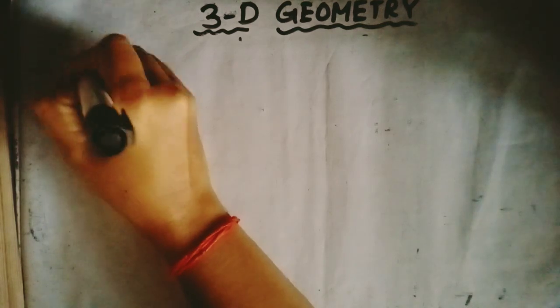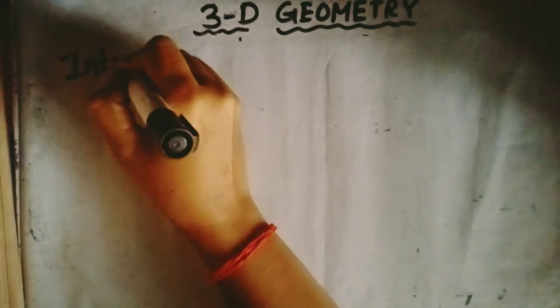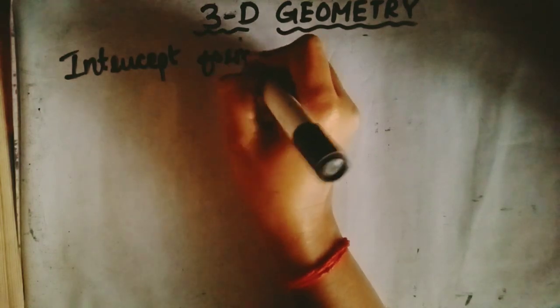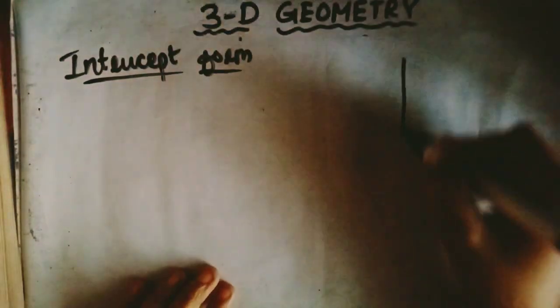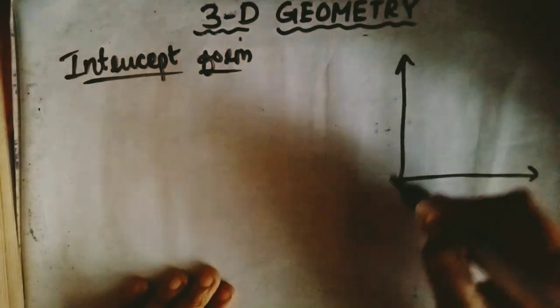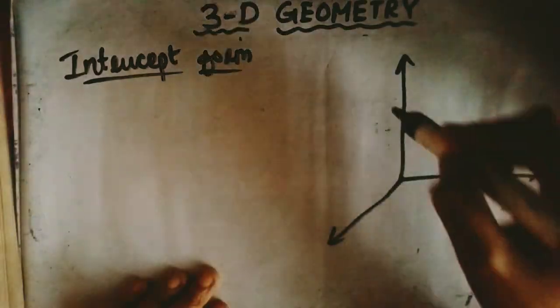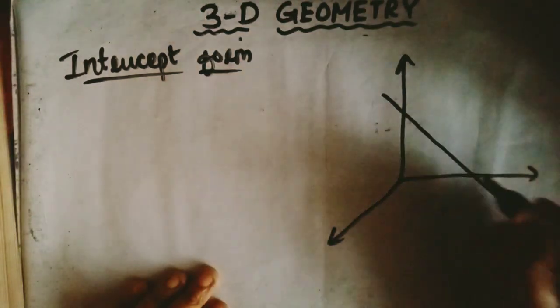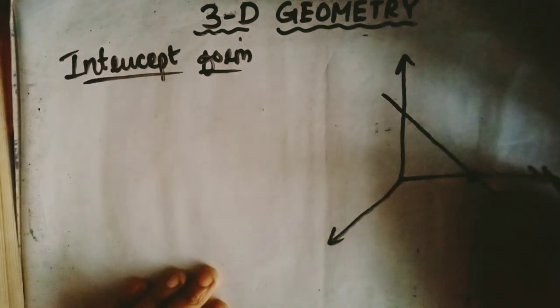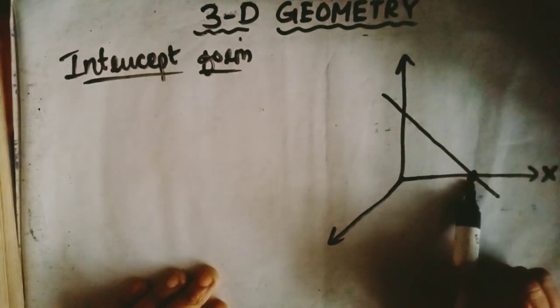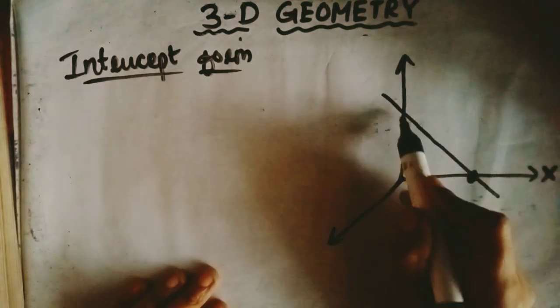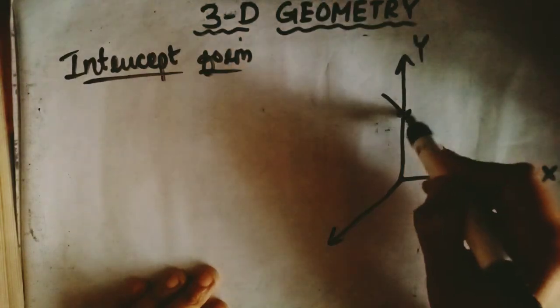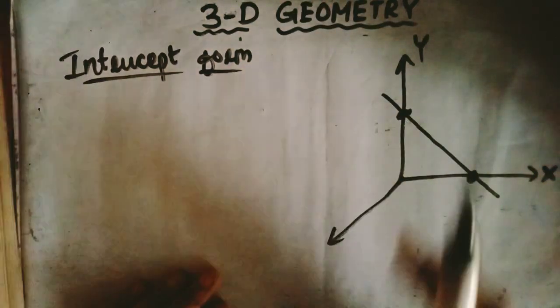Next is the intercept form of the equation of a plane. What do you mean by intercept form? Intercept means whenever any line touches the axis, if this is the line and it is touching the x-axis, then this point becomes your x-intercept. This point, on the y-axis, becomes your y-intercept.